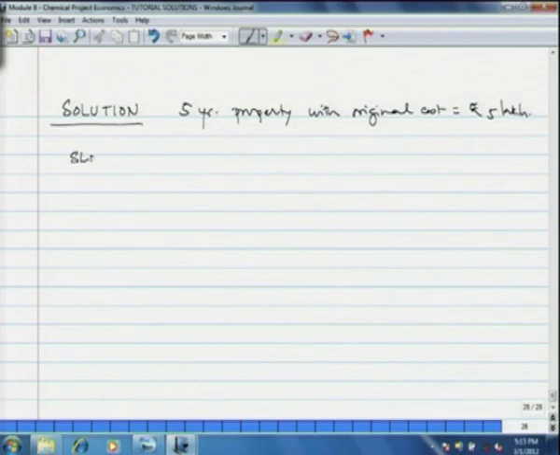So if straight line method is used, the depreciation per year is rupees 5 lakh by 5. We have not been given any scrap value. Scrap value is said to be negligible. So that the straight line depreciation over 5 years is rupees 5 lakh, and that is rupees 1 lakh per year.